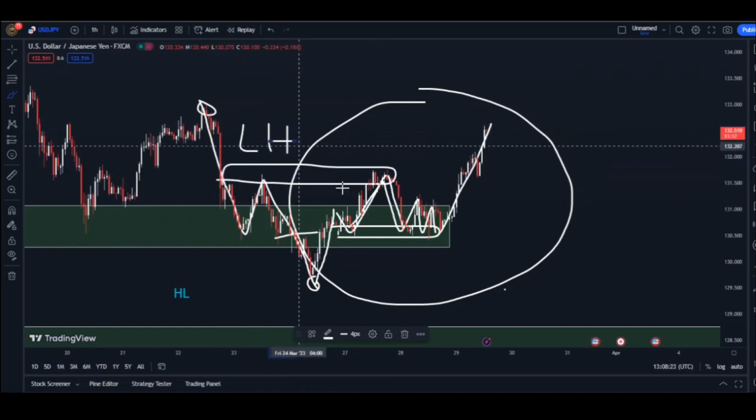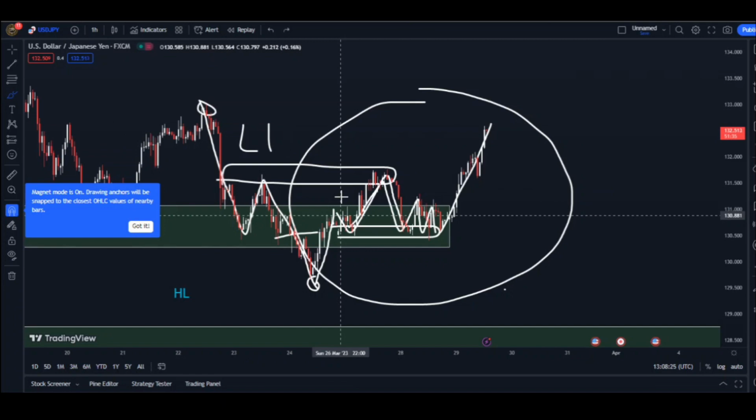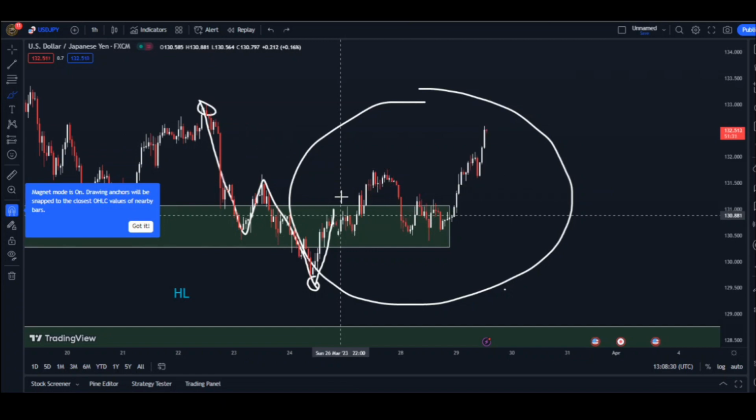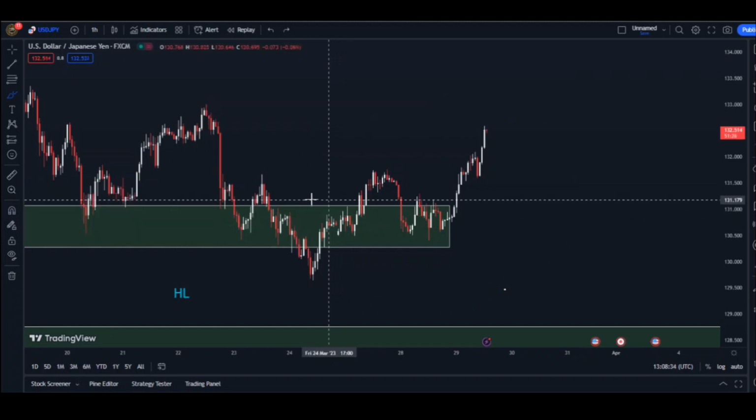All right. So again, I'm going to plot all of the labels for the structure in order for you to understand, for those at a beginner level of technical analysis understanding.